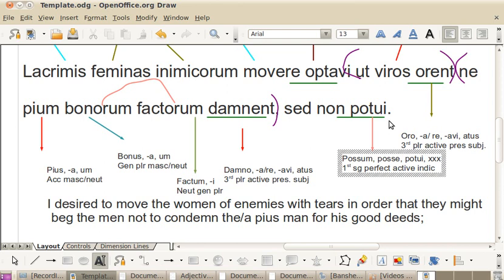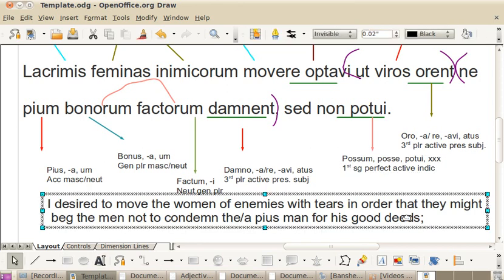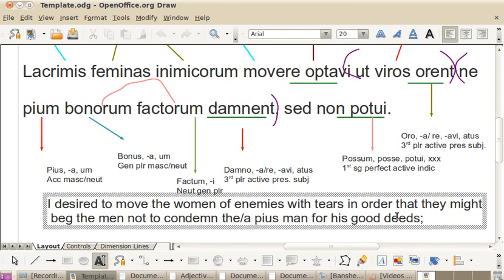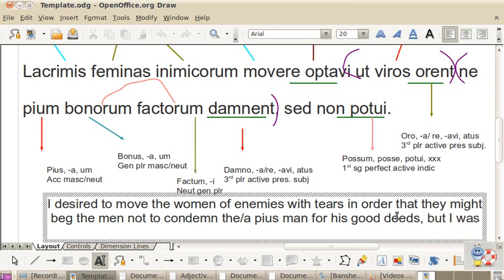So if it's first person singular, we could simply put in our subject. We don't need to look in the clause for a nominative idea. It's going to be the pronoun I. But said I, and this is perfect, was not able. And of course they want me to capitalize the N here in our little computer program.